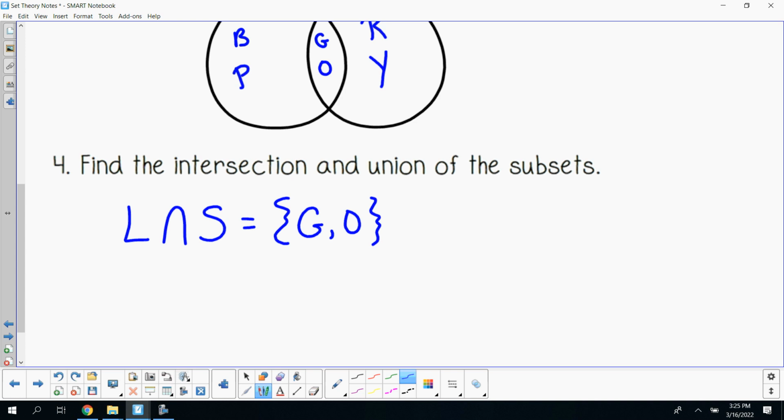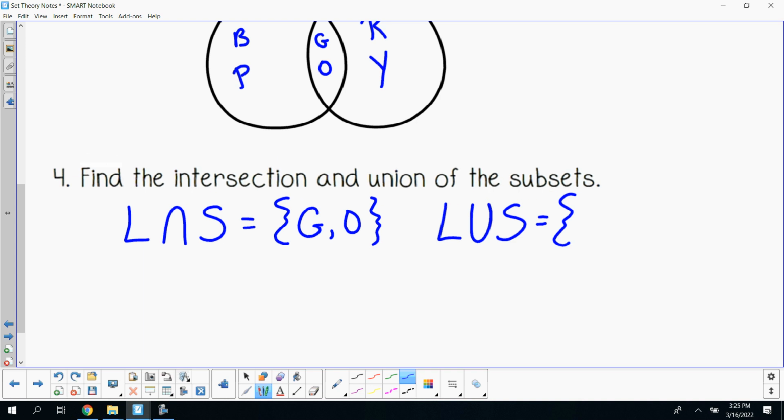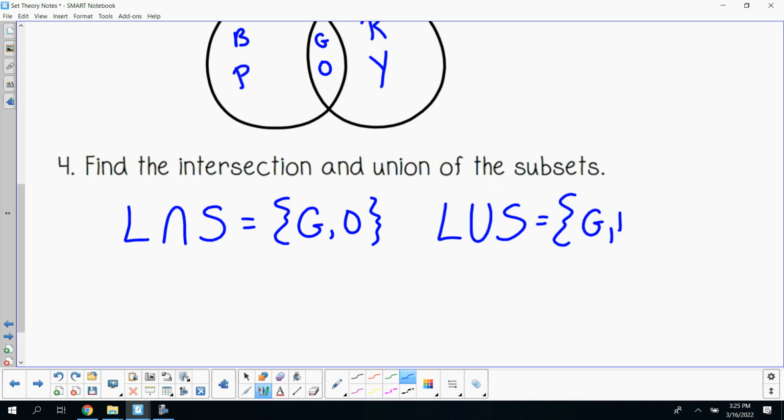If we talk about the union, large or small, sorry, that shouldn't be a U, large or S, it's going to include the colors green, pink, blue, orange, yellow, and red.